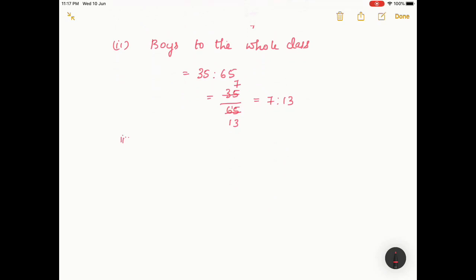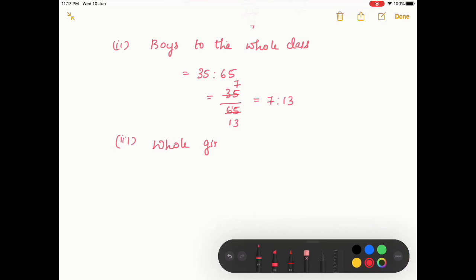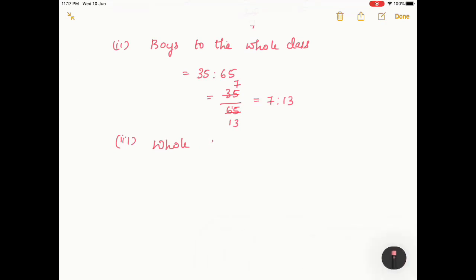What is the third sub question given? The whole class to girls. Okay, again the strength of the whole class is 65 is to 30, the number of girls. That is equal to 65 by 30.